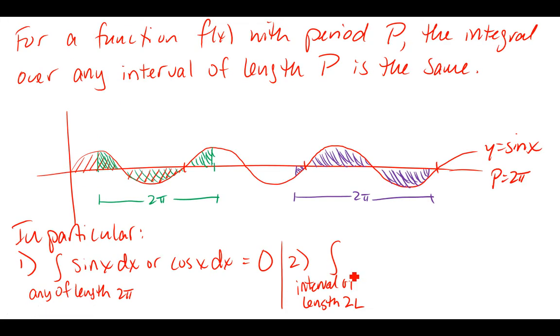So if I do any integral over any interval of length 2L of these cosine m's or these sine m's, these will also be 0. Okay? Those will be 0 by themselves, and any sort of combination of these, at the very least, I know I'll get the same thing.